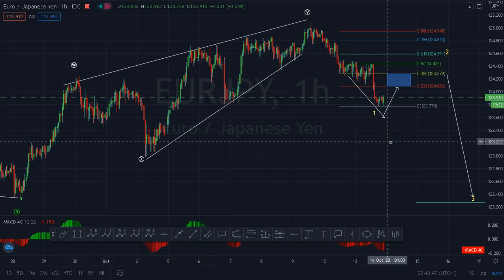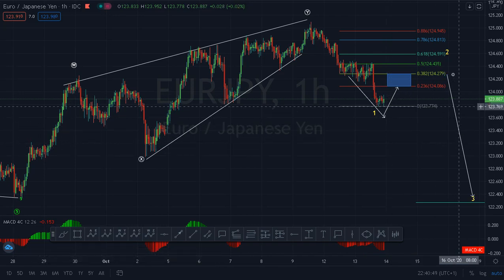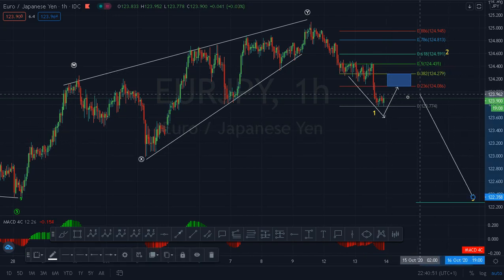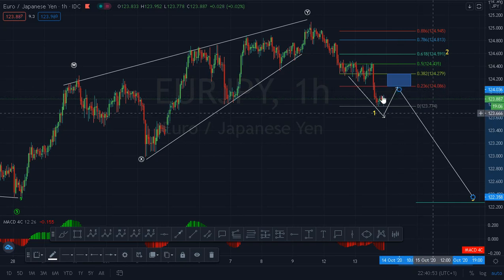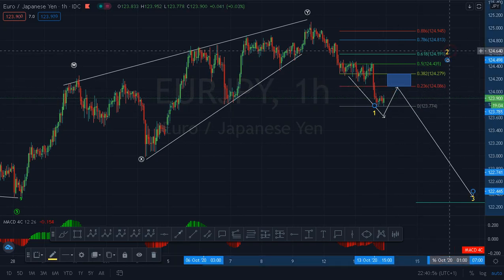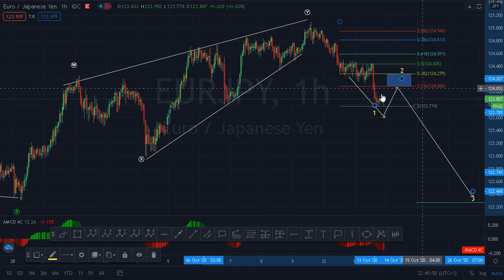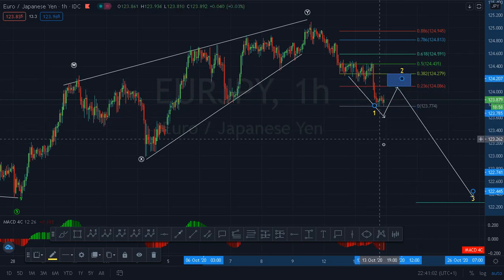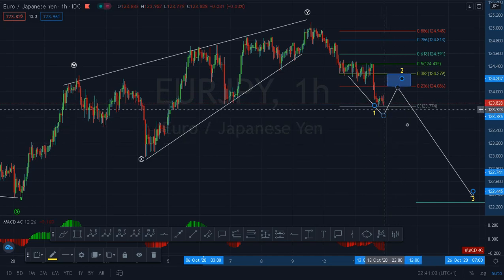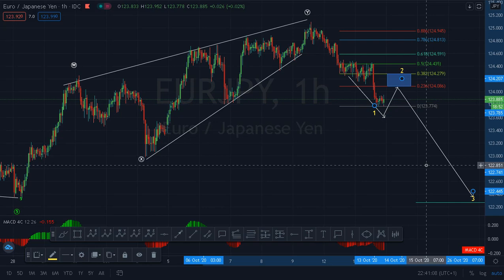I'm in the market already, but I intend to add another position if I get a pullback down here. Maybe the price is still going down anyway. Let's watch what happens. Okay, we move.